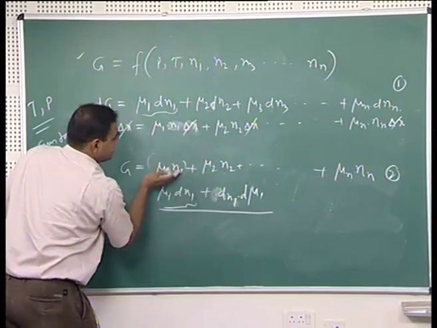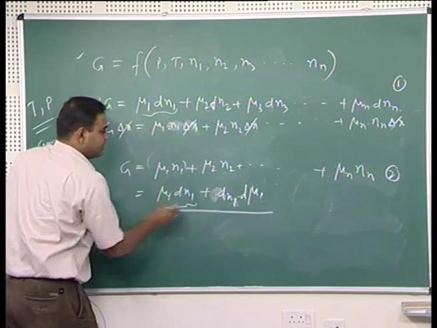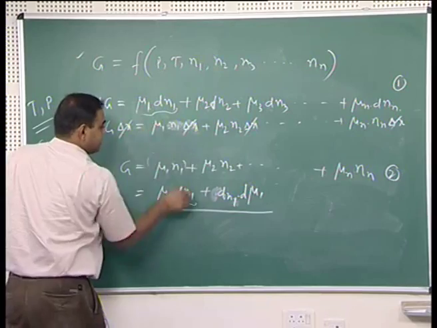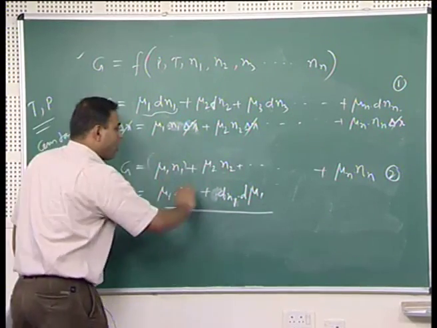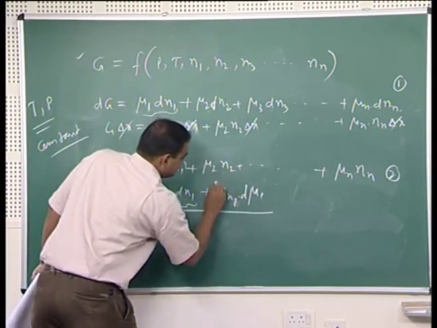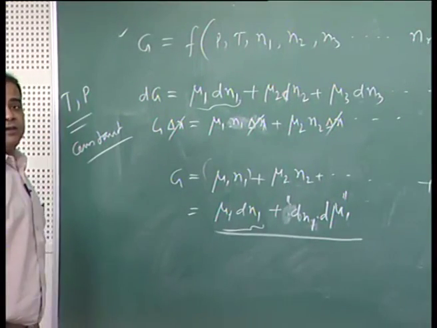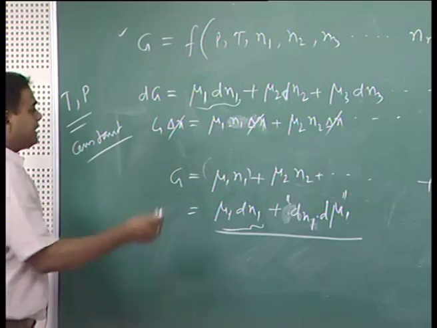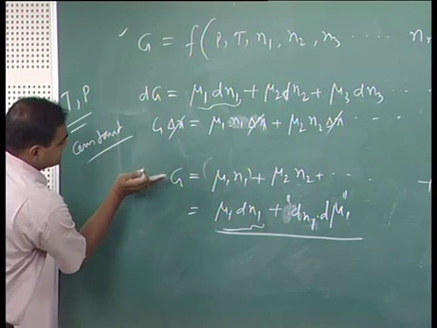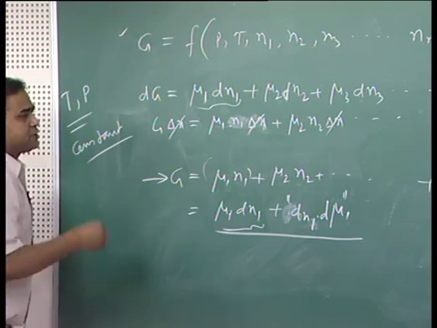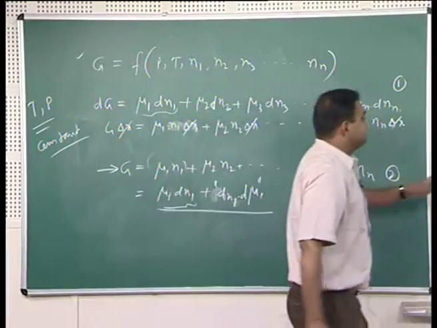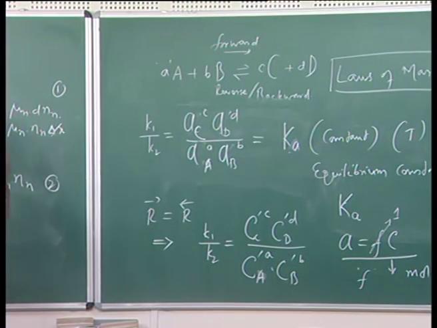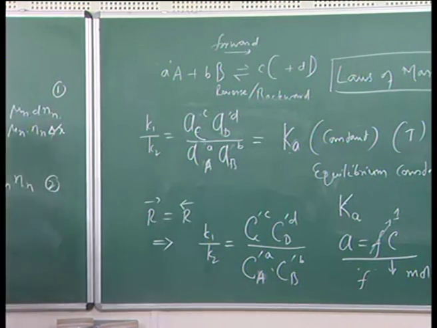If you differentiate each term there, you will get two terms. One of the terms will be the same as this first expression. Then when you replace it, it will all get cancelled, and you will be left with these terms only, and this would be equal to 0. That is another Gibbs-Duhem relation, but we will stick to this part, because this part will give you some idea. Then finally you will come to have some relation with del G and the equilibrium constant.